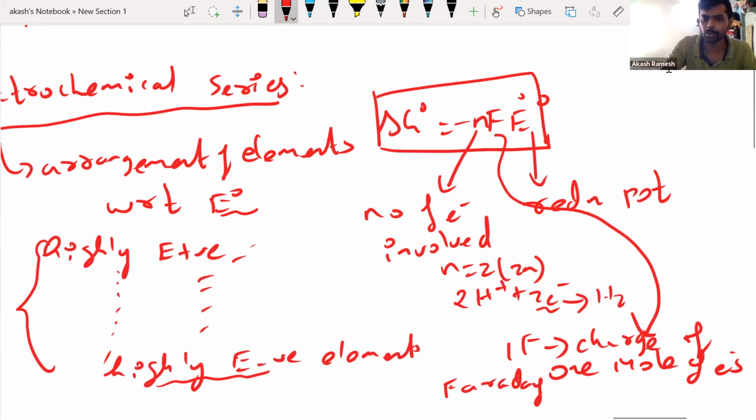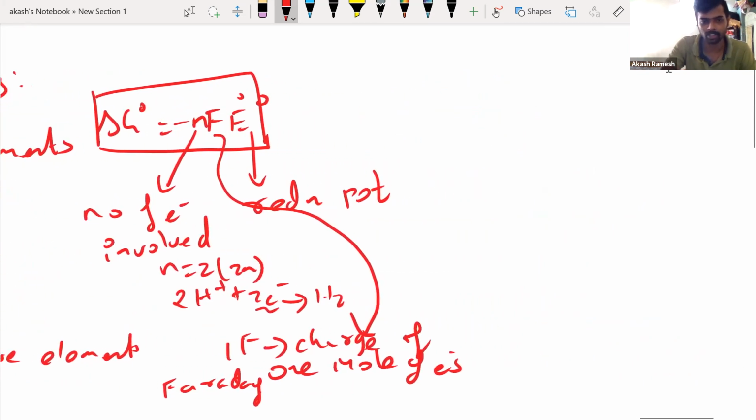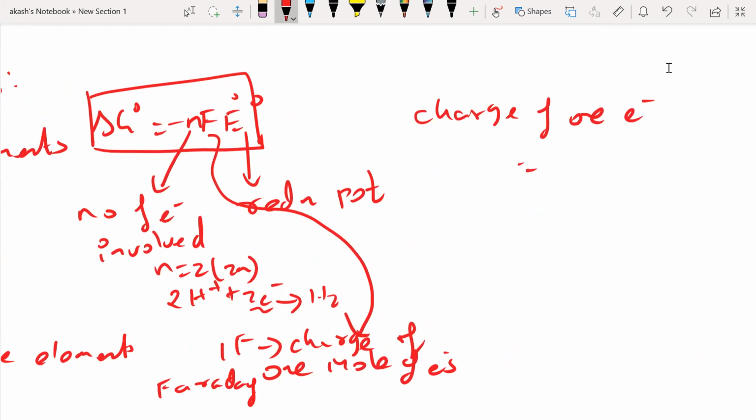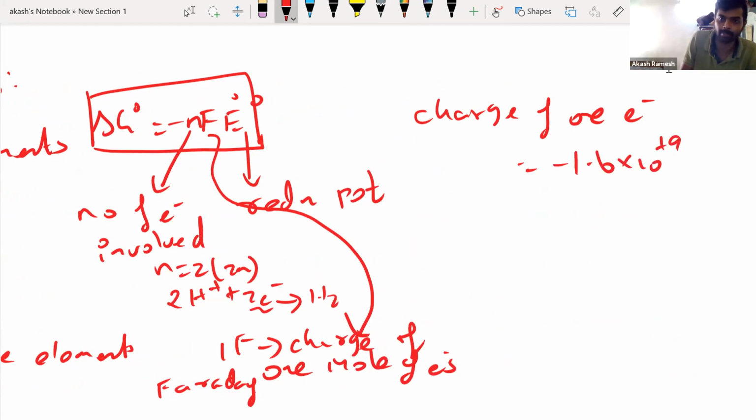Now I think I'll be able to easily calculate this value. I know the charge of 1 electron. What is the charge of 1 electron in coulombs? Minus 1.6 into 10 to the power minus 19 coulombs. But we don't have to include this negative sign because it doesn't matter.